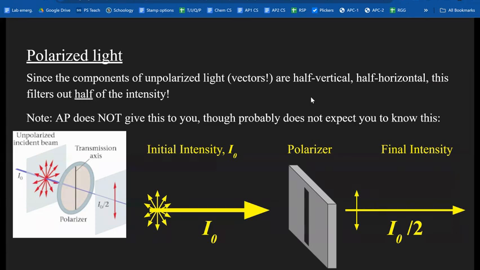And if you have all of the orientations possible, the infinite decimal points of angles between 0 and 90 degrees, half of those vector components are vertical and half of those vector components are horizontal. So if you only let through all the vertical ones, then you only get half the light that's still through. So if you ever find something is too bright, then you get a polarizer and then you'll only see half the light. That's part of why we have sunglasses. Basically it dims the light, so it's easier to see.